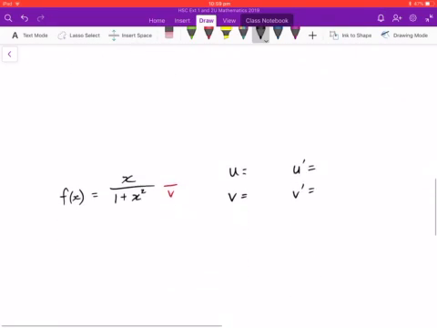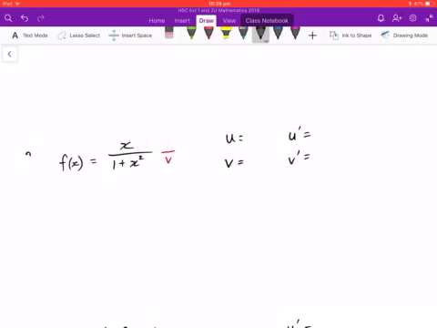Now, number two, which I probably should label number two, I've got here. Very similar. We've got u over v. So my u is equal to x, right? And remember, u and v are functions of x. So u dash, which I could think of as du/dx, so I'm differentiating u with respect to x.